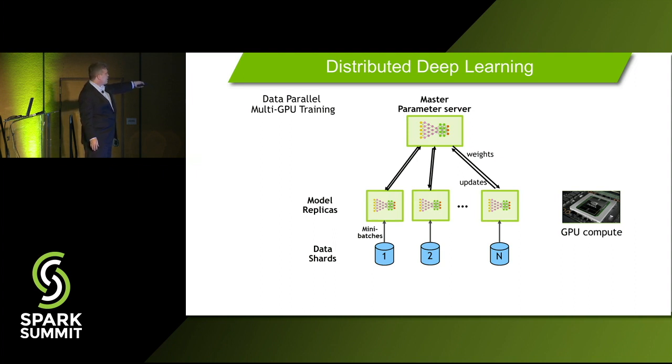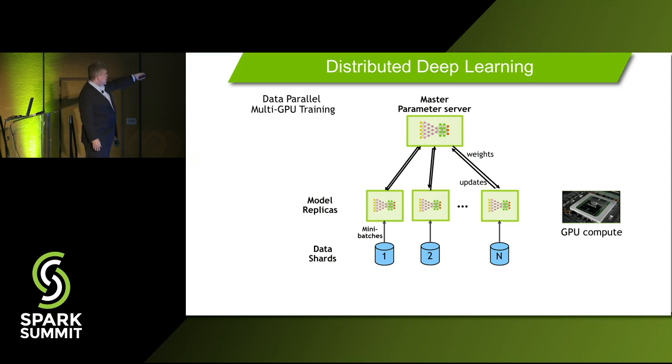You feed these data shards in mini batches to the workers, and they train the model in parallel, and then at some point you average the parameters. You send the parameters back to the server, it averages them, and then it updates all the models. This can be done synchronously, or there are ways of doing it asynchronously so that the different workers don't have to wait for them all to be updated.